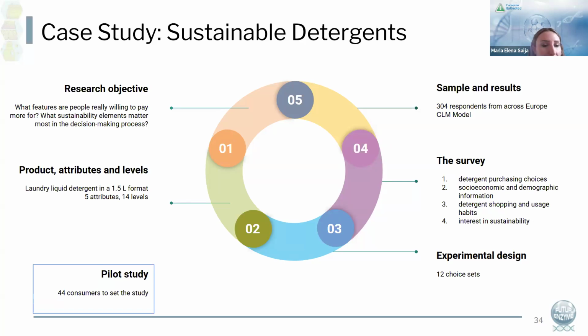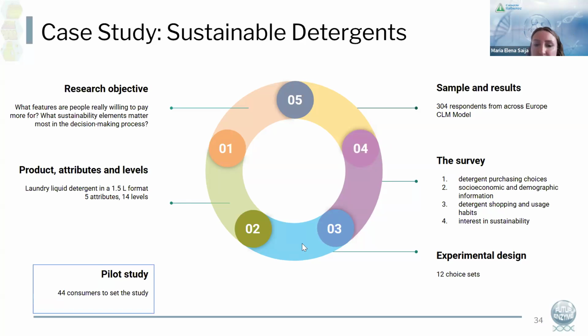The aim of our study was to understand which detergent characteristics are most important to consumer, with a particular focus on sustainable characteristic. I will not go into detail on this aspect because we already covered them in the previous presentation.